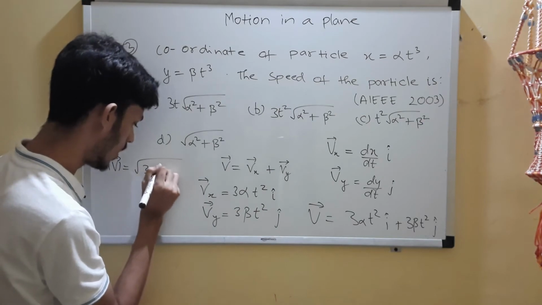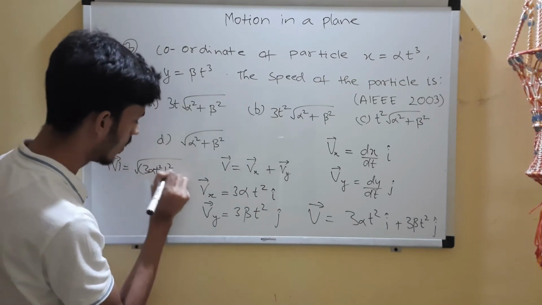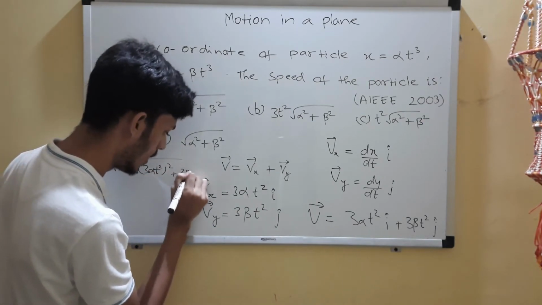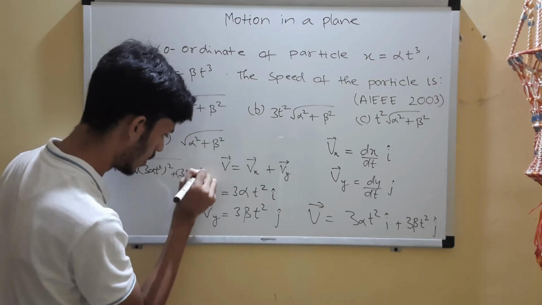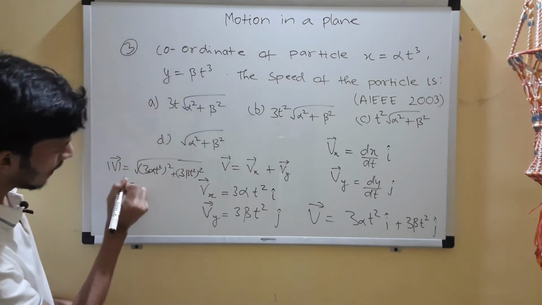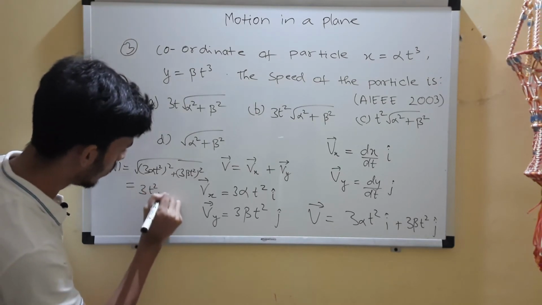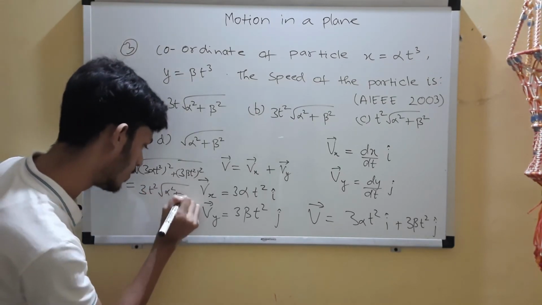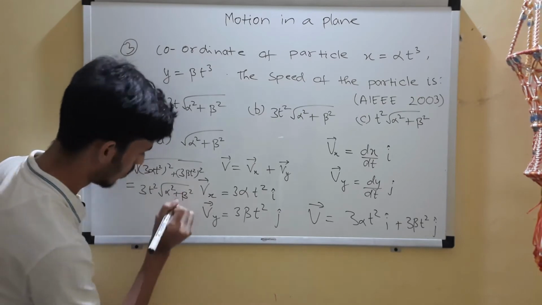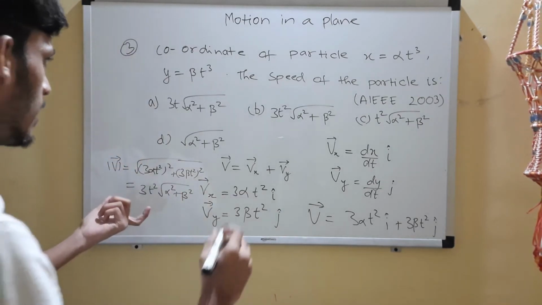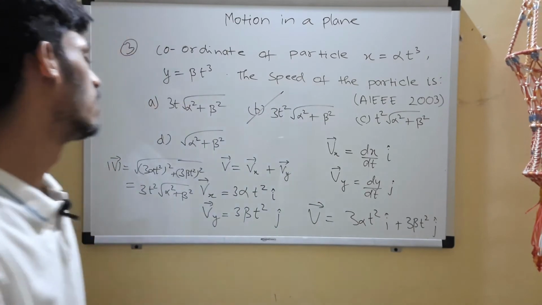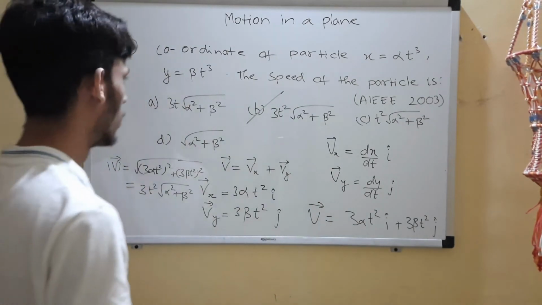So (3 alpha t square) the whole squared, plus (3 beta t square) the whole squared. So you can get the 3 out, t square out, and you will be left with alpha square plus beta square. Solve it the way you want, you'll get this answer. Option B is the correct choice, okay?